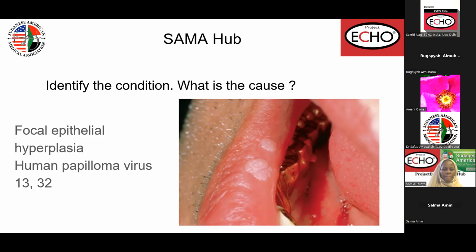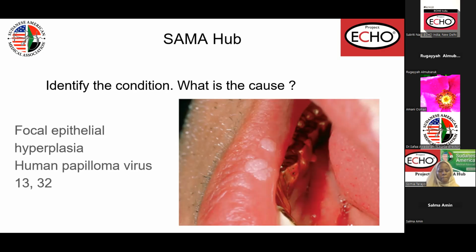Focal epithelial hyperplasia is seen in young children and in teenagers, while condyloma acuminatum is also seen in a young group, but not in children, except in very specific situations, such as victims of sexual abuse, because it's transferred from one person to the other through sexual contact, while focal epithelial hyperplasia is not like that.